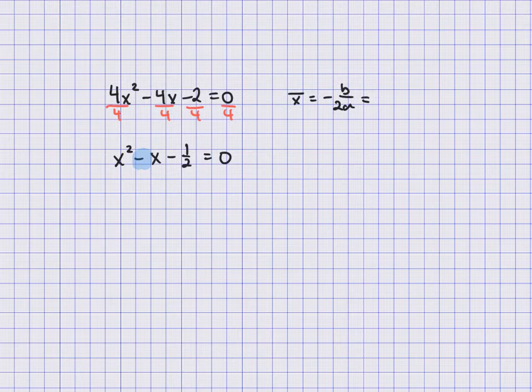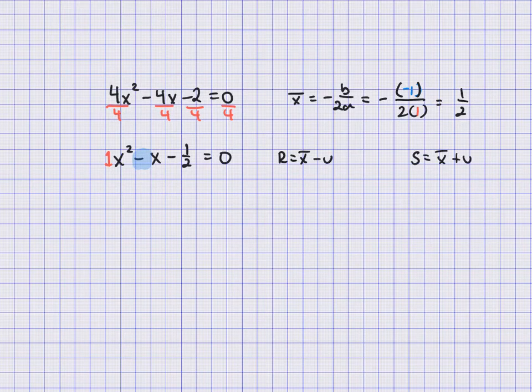So we take the opposite of negative 1, all divided by 2 times, and of course our a is 1 there. So double negative is positive, and we end up with 1/2. Now I'm going to go ahead and write what my r and my s are here. So r is equal to x bar minus u, and s is equal to x bar plus u.